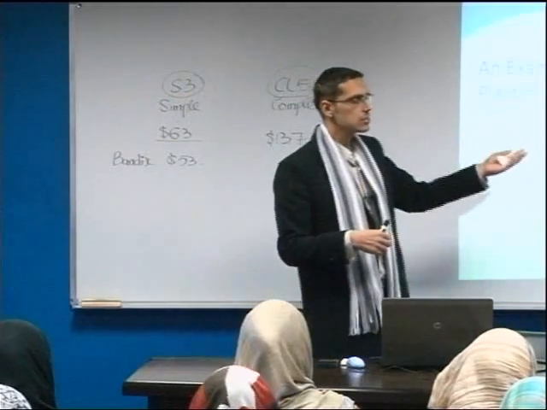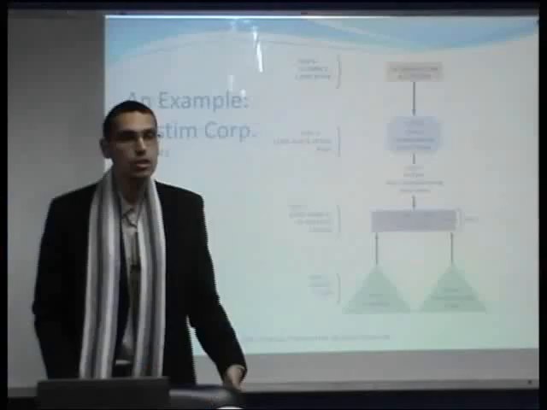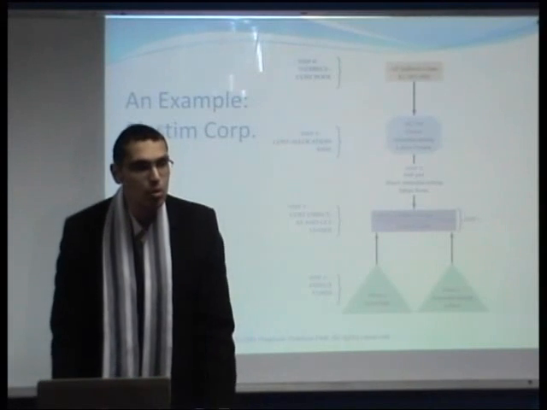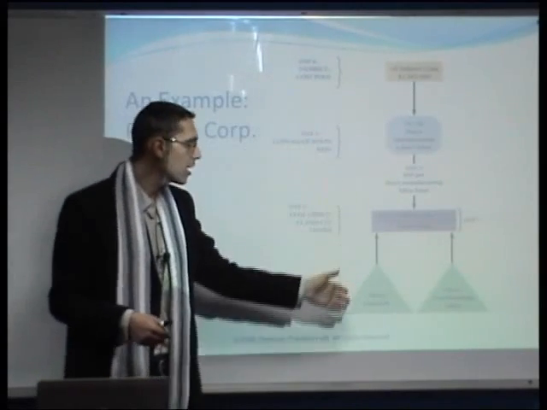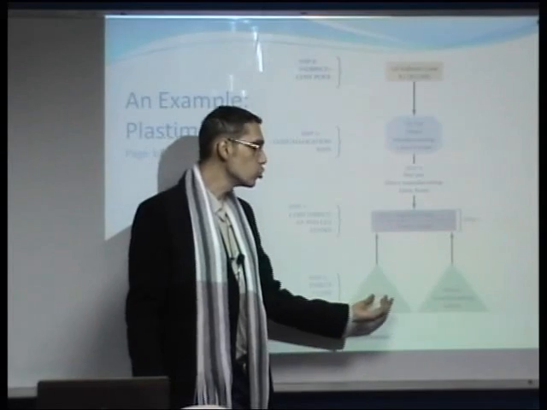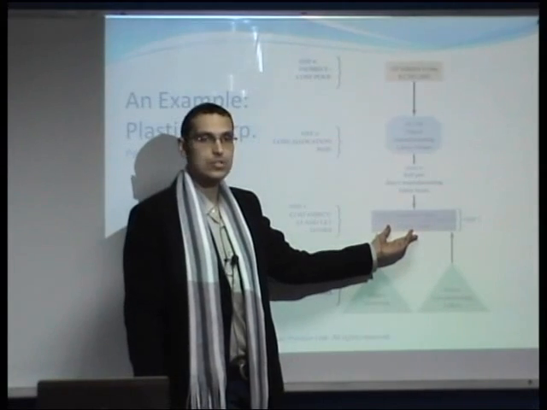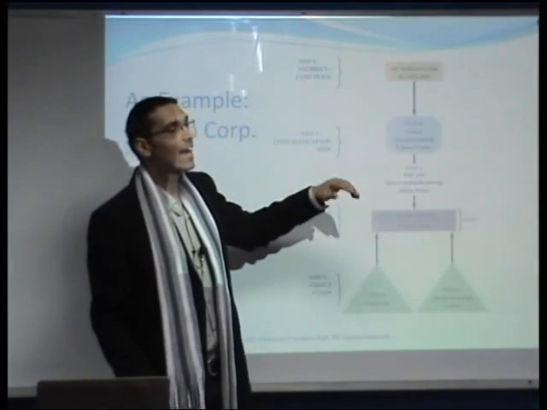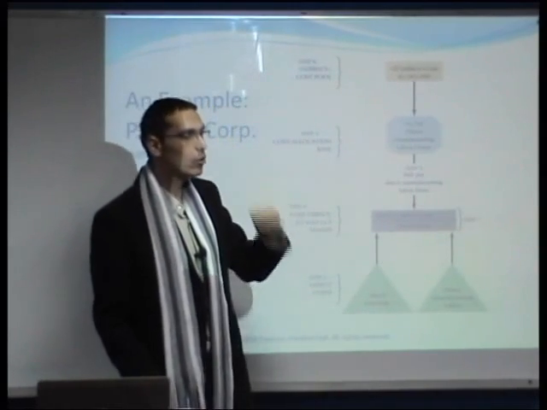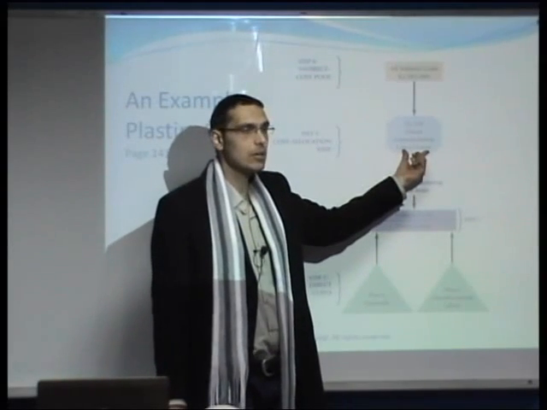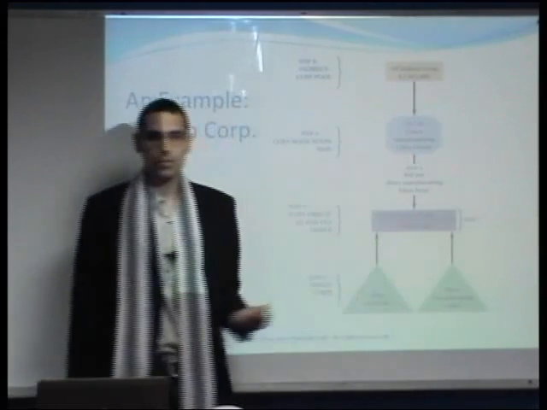Of course, they gave us the simple costing system, and according to the case, they told us that Plastem Corporation uses a simple costing system, which, according to this diagram, traces two direct costs, the direct materials and the direct manufacturing labor, onto the CL5 and the S3, and it allocates all indirect costs using only one allocation base, which is the direct manufacturing labor, onto the CL5 and the S3.